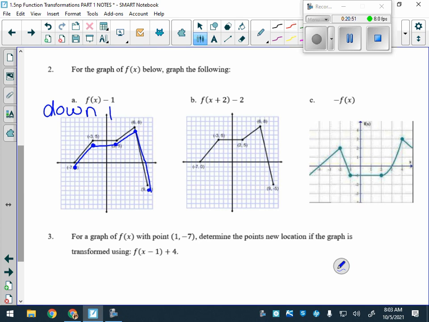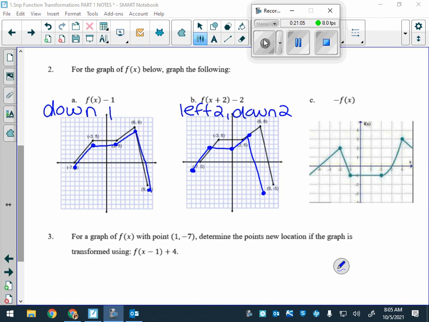Okay. So in B, what types of transformations are happening? Finn? Good. So go ahead, you guys, and move that function. What is happening in C? Good.